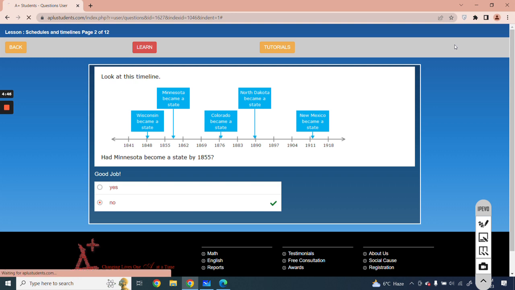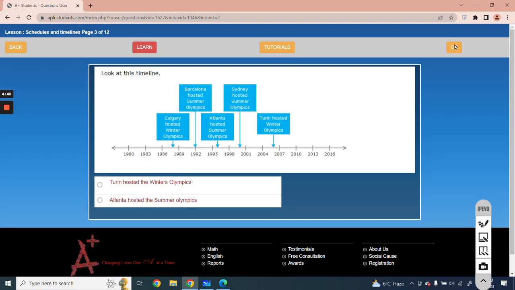Okay, the next one is, look at the timeline. So you have to see which of the options is the correct one. Turin hosted the Winter Olympics. Let's see where the Winter Olympics are. Turin hosted winter. Yes, it is the correct option. Just look at the other option.